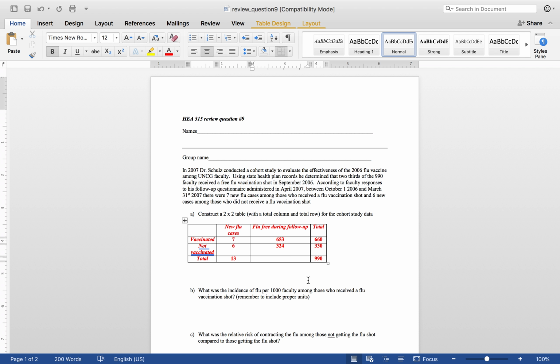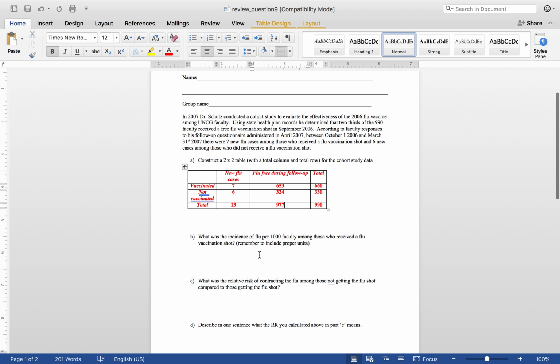That's going to give us 977. And so we can also run a check. So the 977 plus the 13 should also equal 990. And we see that it does. So we now have our table set up and we can answer the rest of the questions.